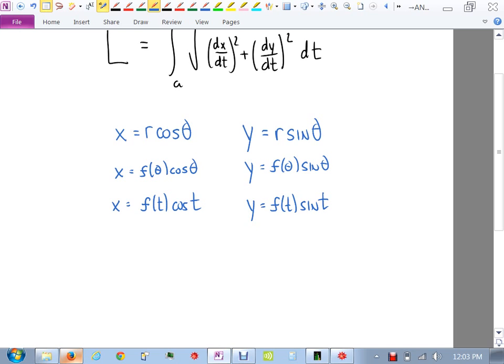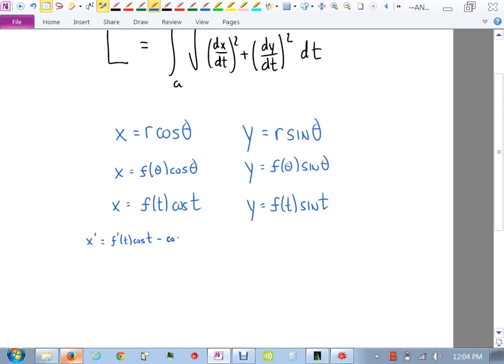So what we would need to do is take the derivative of each of these, square them, and plug them in up there and see what it would look like. So let's take the derivative of x here. What's x prime? Well, that would be product rule, right? We just did that. It's f prime t cosine t minus f t sine t.